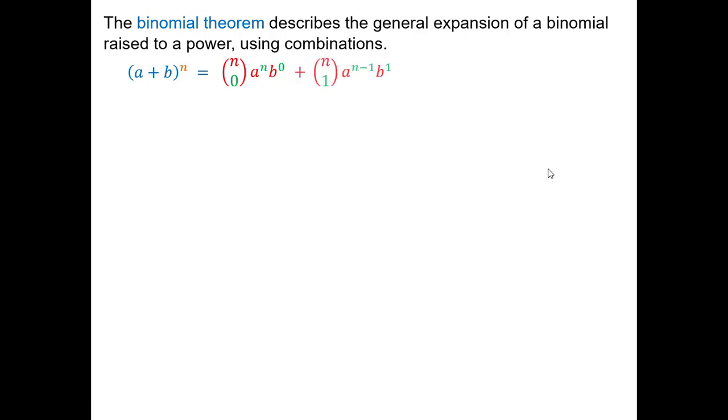The second term was 1 less than the a to the power of n, so if it was a to the 4th, the next term would have 3 a's. But now notice that the b's increase by 1. Notice the exponent on a is 1 less than the prior term, while the exponent on b is 1 more. So that pattern here doesn't change.